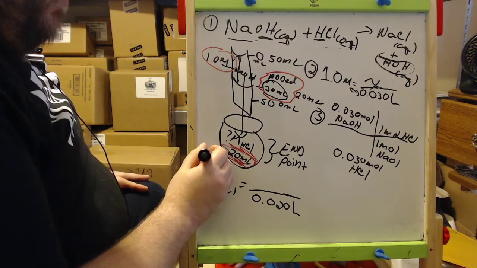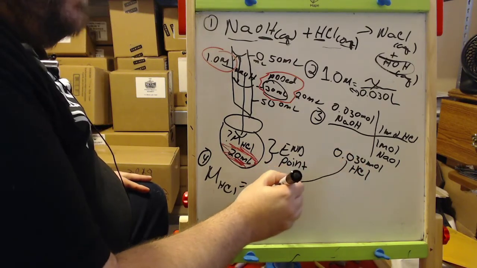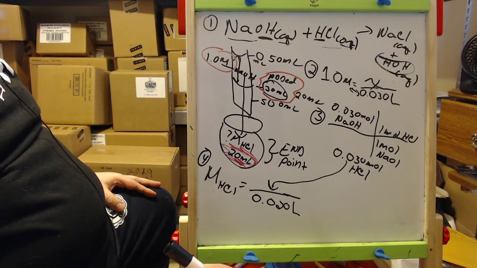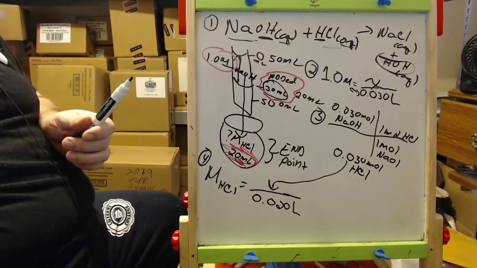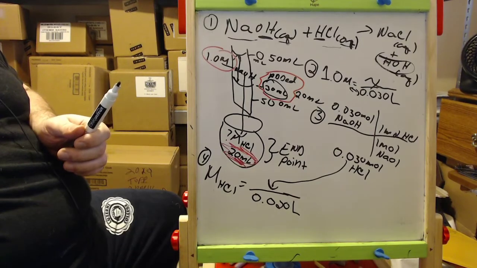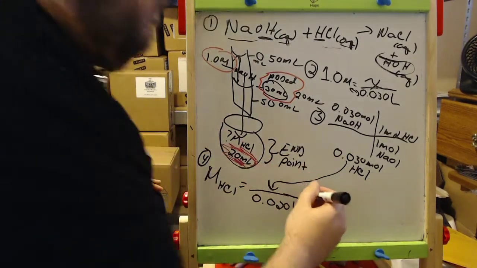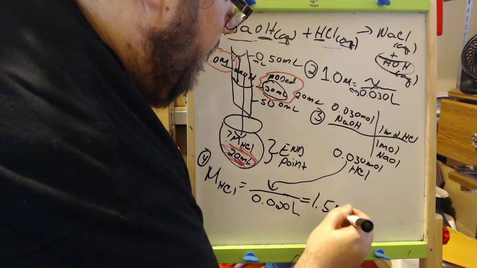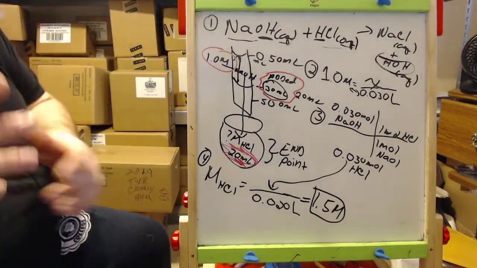Step 4, figure out your molarity. They'll have to give you a volume. You did the math to figure out your molarity. Plug that in there and do the math, which should be 1.5, I mean. My math, my decimal off. And that's how you do a titration.